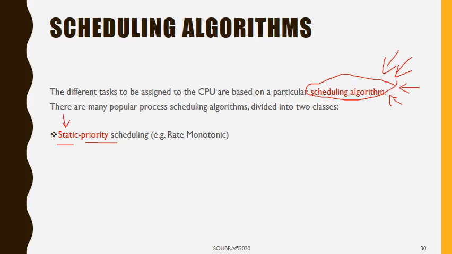Static means that it's a fixed one. It never changes in time. And the scheduling algorithm that we're going to tackle is called RM, so rate monotonic. This is an old one, but it's a winning one, so it works perfectly.